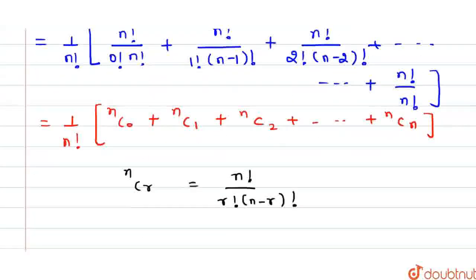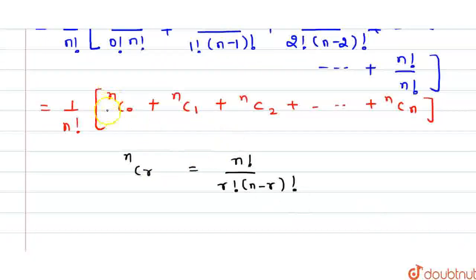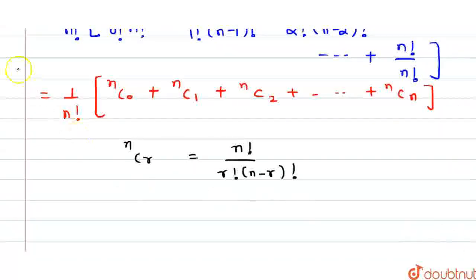And by the binomial theorem, we know that the sum of the coefficients from nC0 to nCn is nothing but 2 raised to the power n. So, my expression will be equal to 1 by n factorial into 2 raised to the power n, right?